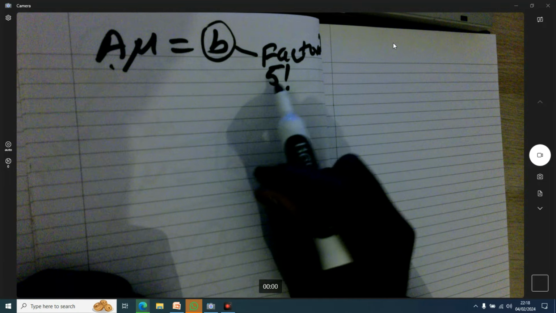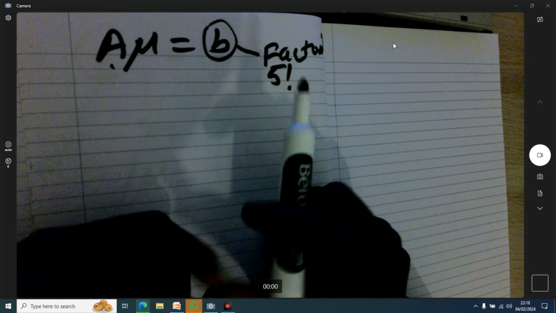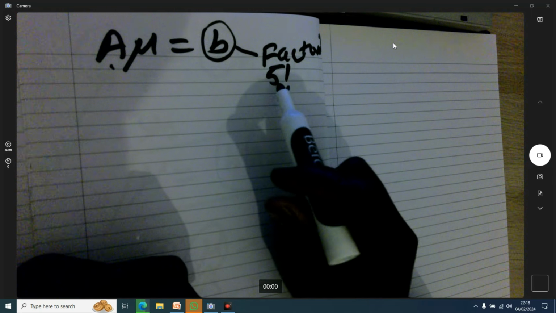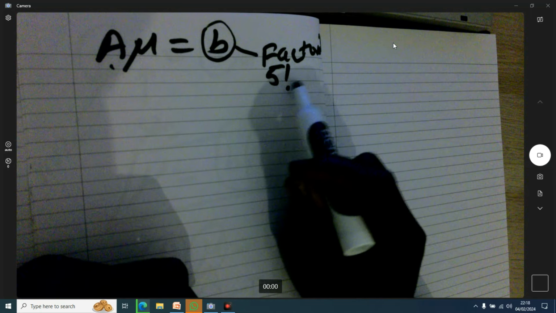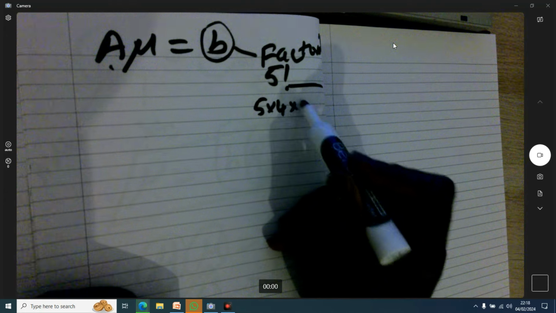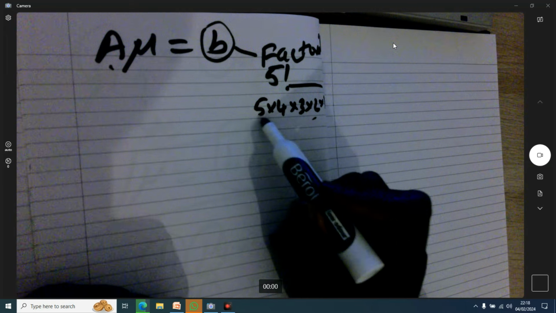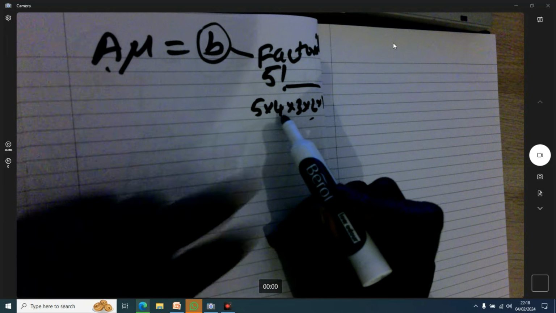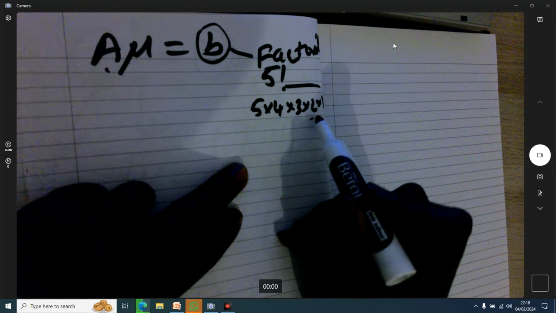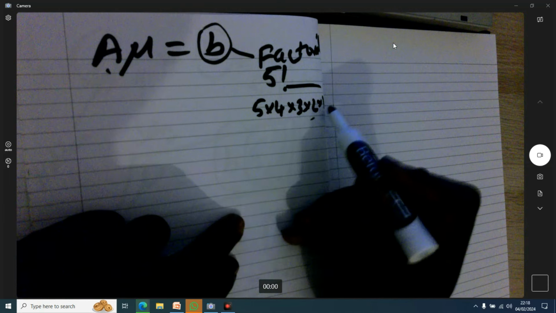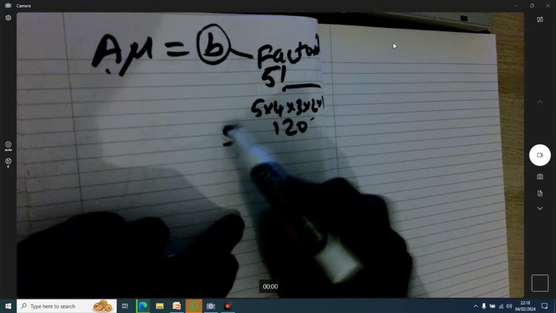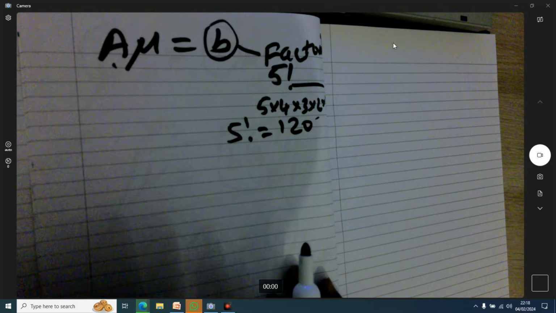Which means if we want to get 5 factorial, we have to get the product of 5 and any numbers below 5, which will be 5 times 4 times 3 times 2 times 1. So when you multiply 5 times 4, you get 20, times 3, 60, times 2, 120, times 1, 120. So 5 factorial is equal to 120.